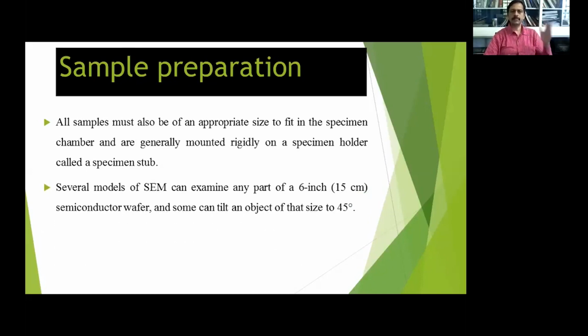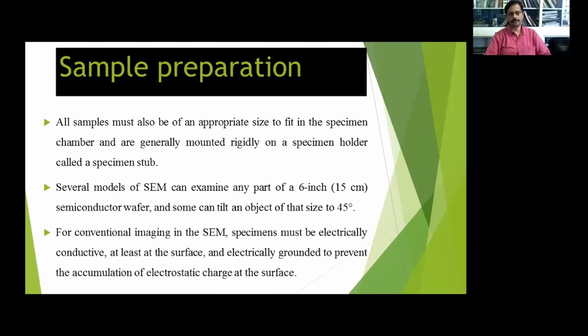There are different models of scanning electron microscopes. Some of these models can examine any part of about 6 inches, say about 15 centimeters, of the semiconductor wafer. And some types can even tilt the objects by an angle of about 45 degrees. Such facilities are also available.